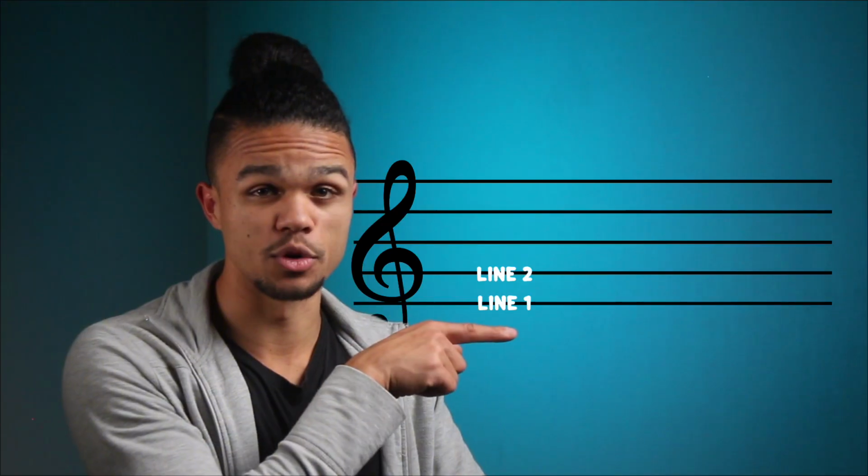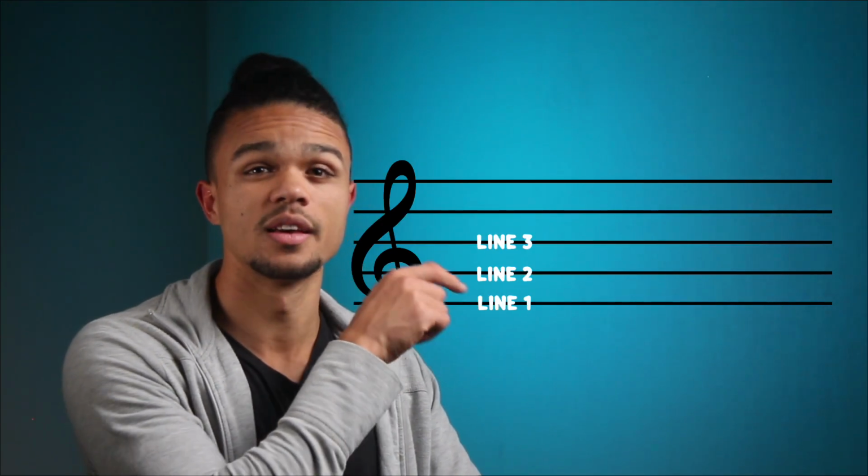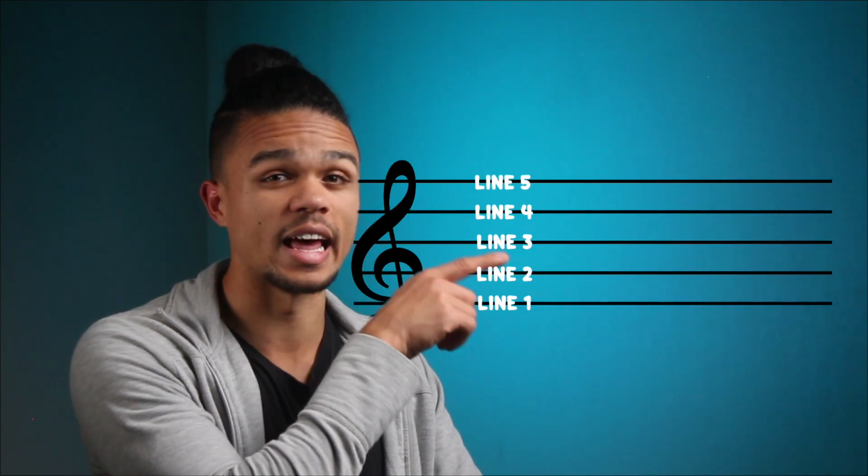Now, on the staff, we have 5 lines, and each of these lines has a particular note. The bottom line is line number 1, and the top line is line number 5. So we count line number 1, line number 2, line number 3, line number 4, and line number 5.